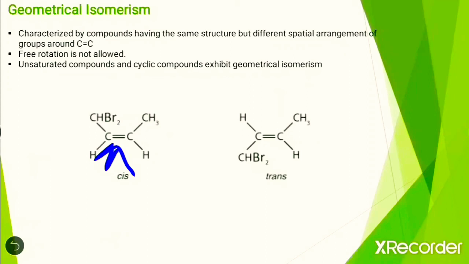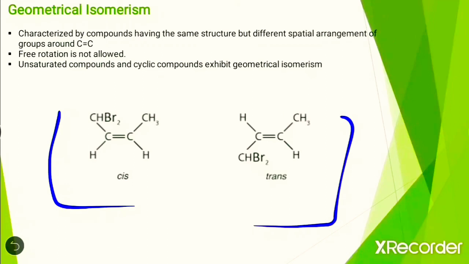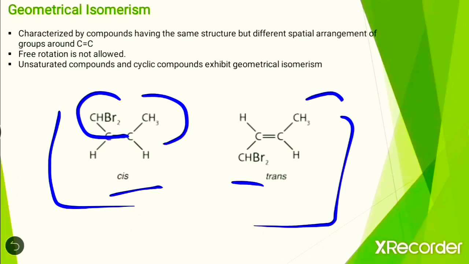Geometrical isomerism can only be exhibited in unsaturated compounds and cyclic compounds. The isomer having the same groups on the same side is known as the cis isomer, and having the similar groups on the opposite sides is known as the trans isomer. The prefixes cis and trans are given to these isomers.